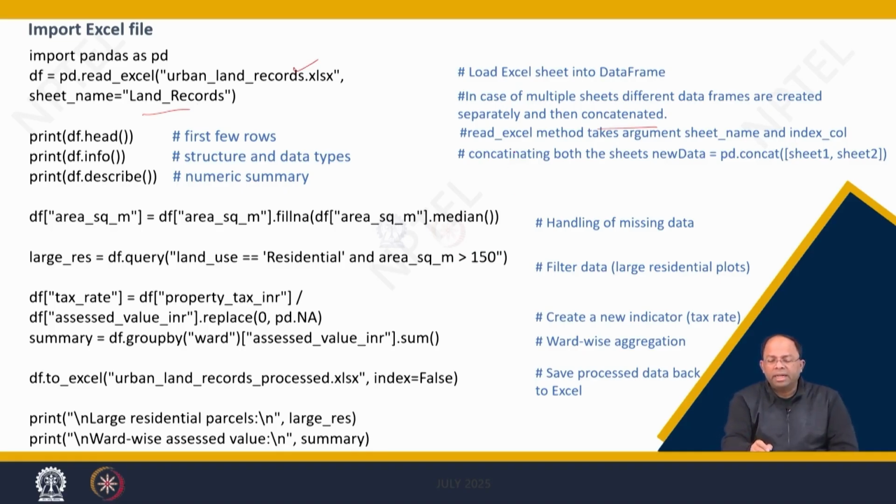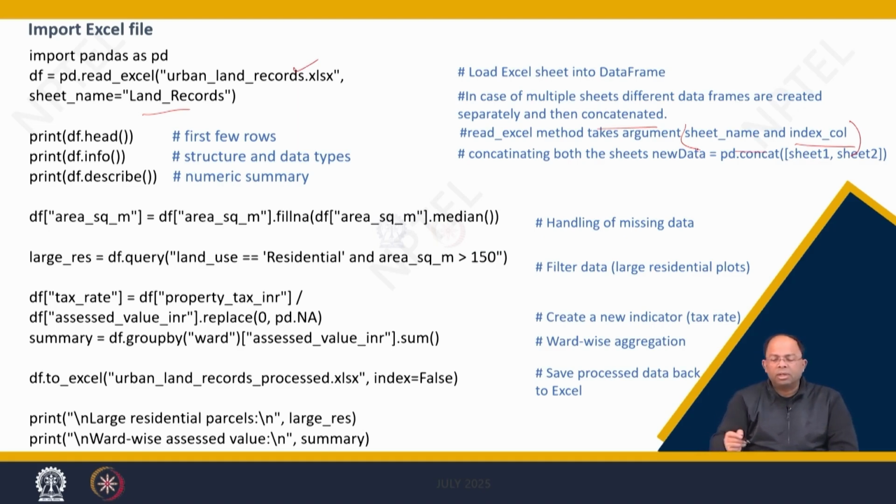The read_excel method takes the argument sheet name, and also the index column, from which column I can read the data, that also could be specified. Here we have not done that; we have taken the entire sheet.